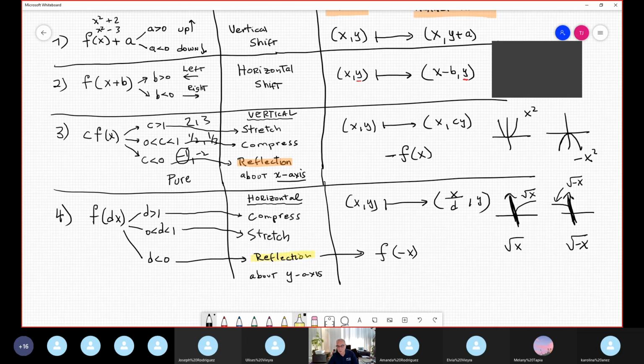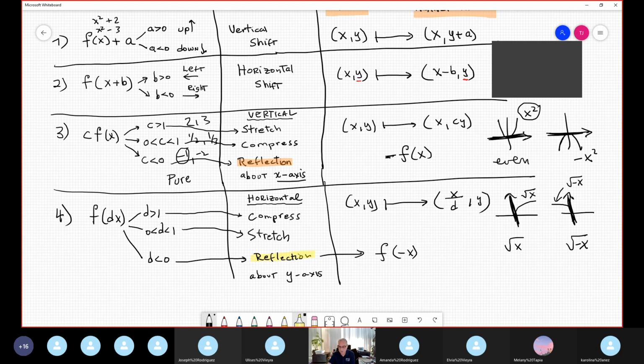In this case, when you introduce one negative outside, it is reflection with respect to the x-axis. What is the reason that I don't do the transformation in the regular parabola? Because if you reflect this parabola about the y-axis, it stays the same because this function is even. When you introduce reflection, it doesn't change.